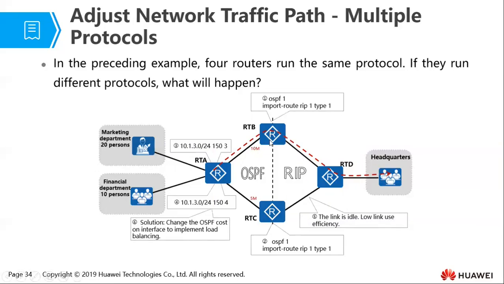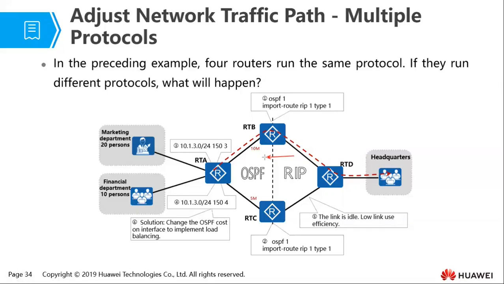So let's look at number one. Of course, in the configuration, for these departments to be able to talk to the headquarters, we have to import. So import route RIP. We are importing RIP to OSPF. So that's the first thing we're doing.